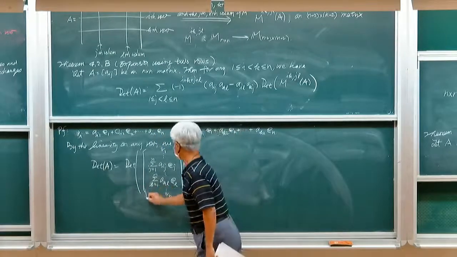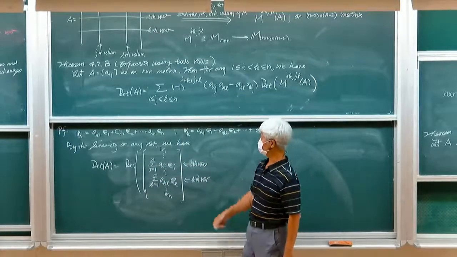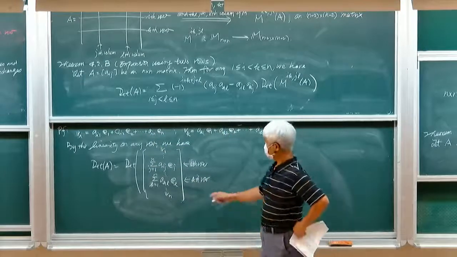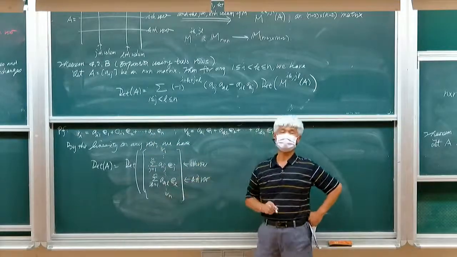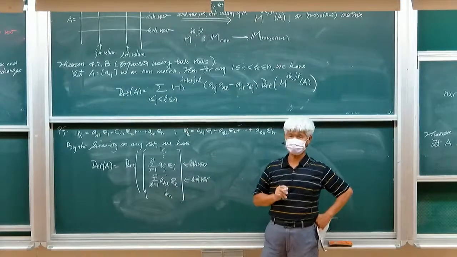So the i-th row is a linear combination of standard unit row vectors, and the k-th row is also.